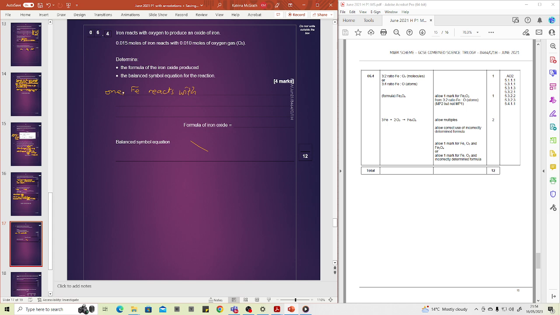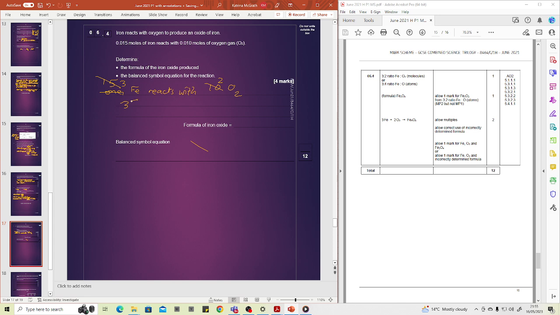Let's just change it, make it nice and easy. So we've got 15 Fe would react with 10 O2. Cancel that down, 3 of them react with 2 of them, but that's 2 O2s.